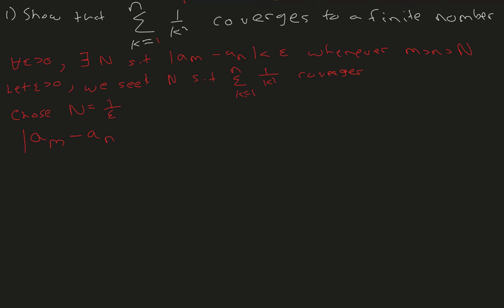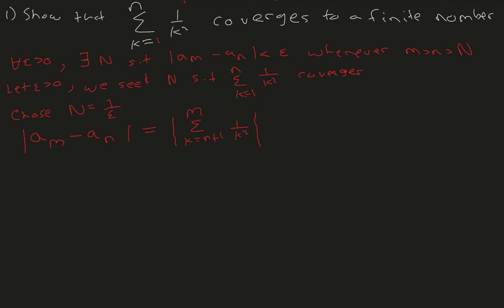So a_m minus a_n, or x_m minus x_n, is the same thing as the sum from k equals n plus 1 to m of 1 over k squared.